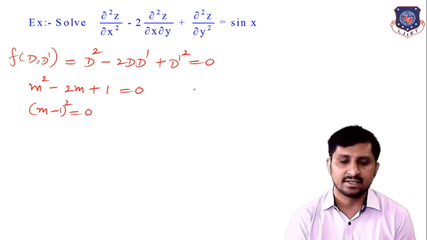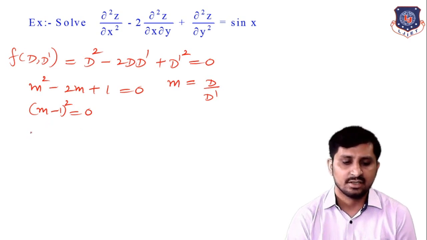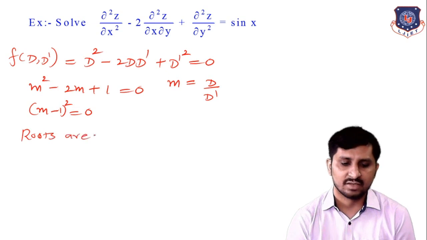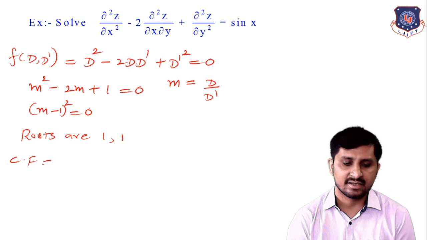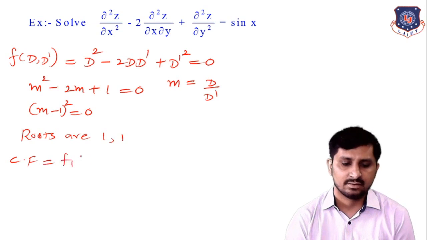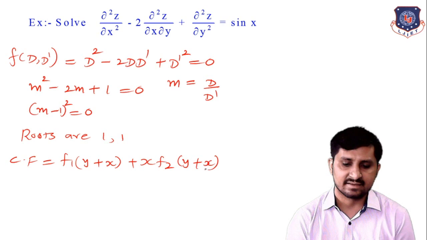Don't forget to write what your m is. m is nothing but d by d dash, because you are dividing this equation by d dash square, since this is a homogeneous function. So the roots are 1 and 1, repeated roots. So the complementary function is f1 of y plus x plus x f2 of y plus x.